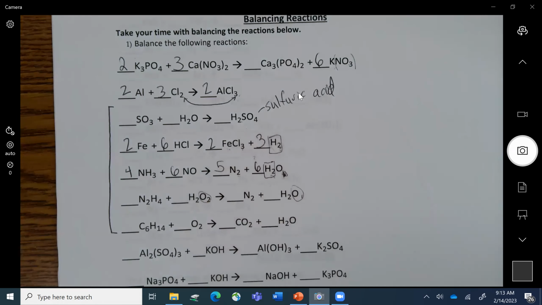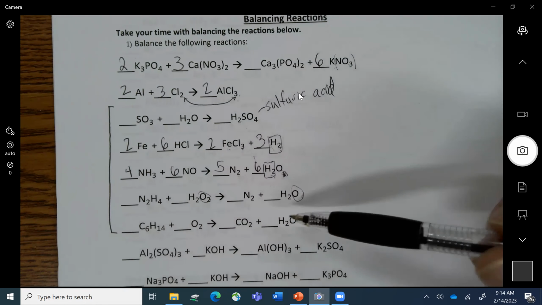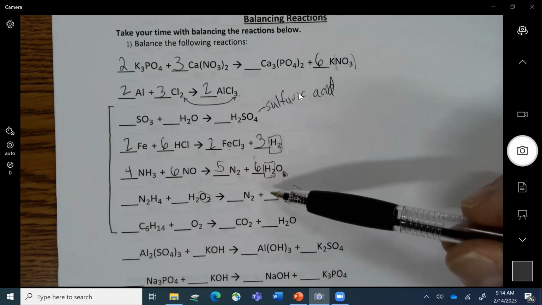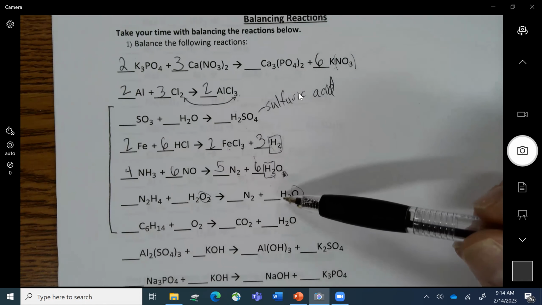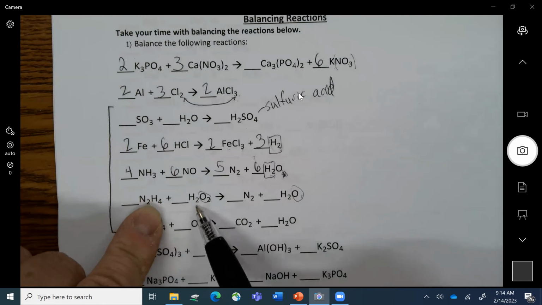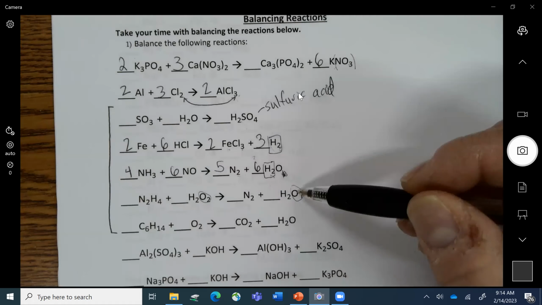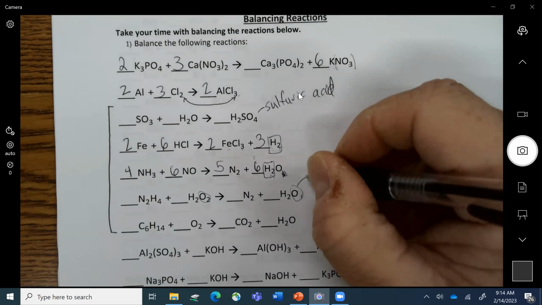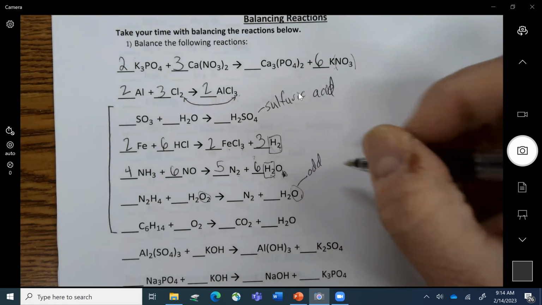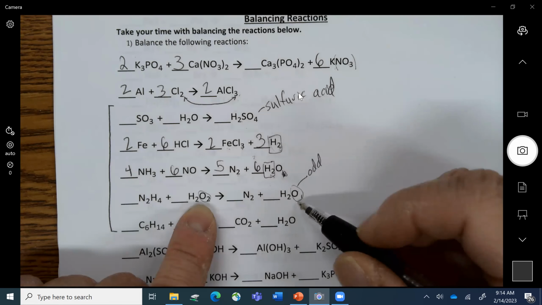As it sits, I have 6 hydrogens over here, correct? To get my hydrogens, 4 plus 2 to 6 over here, I would times this by 3. But what's that going to do to the oxygen? That still leaves it an odd number. Remember, if you have even on one side and odd on the other, they have to be even. That's the even-odd rule.